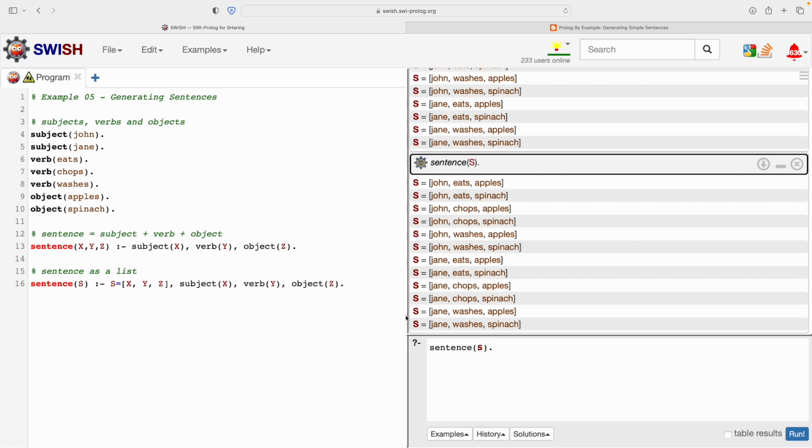Now, just before we finish, we can use this in an interesting way. We can ask a different kind of question. We can say, who eats spinach? And then Prolog will find a value for X, or multiple values for X, which satisfies that.